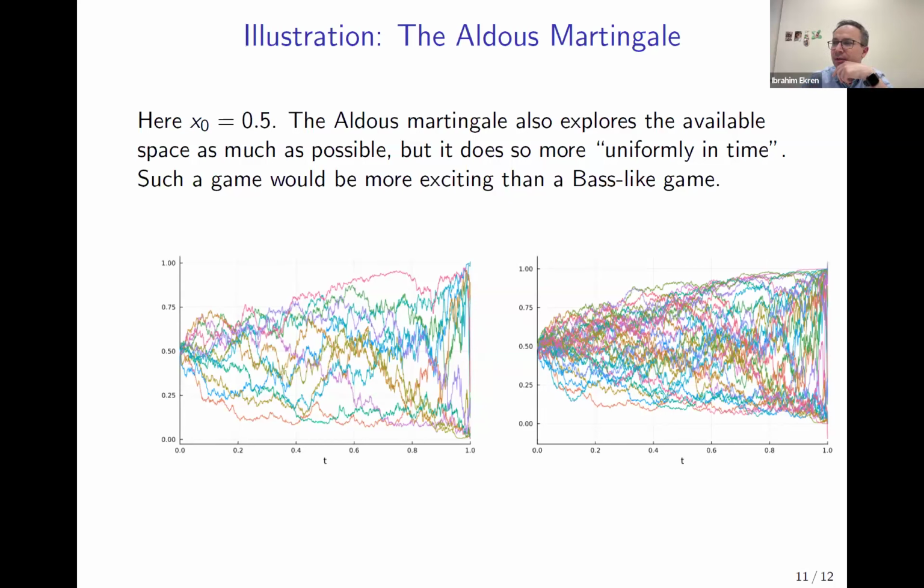Also, Valentin Tissot Daguet asks, what is the least exciting game? Well, I would say first you need to explain mathematically that question, and then you can answer it. It depends how you define it. For instance, the game which is constant 0.5. At no point do you have any clue what the outcome is going to be, and then exactly at time 1 it jumps to 1 or 0.